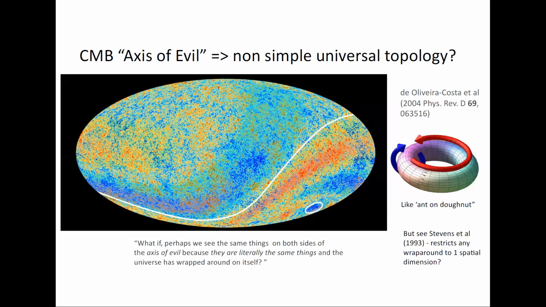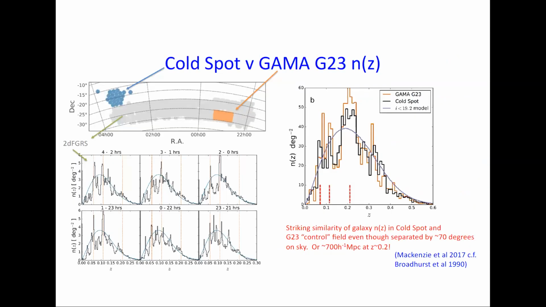These 2 areas might look the same because they are the same, and you've seen around the universe back to where you started, and you've seen 2 sets of CMB that are essentially the same offset to each other, and that's a signature of a non-simply connected topology.